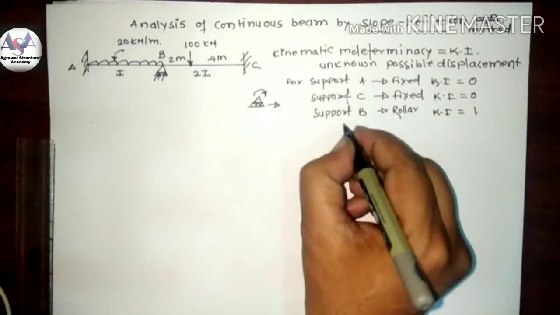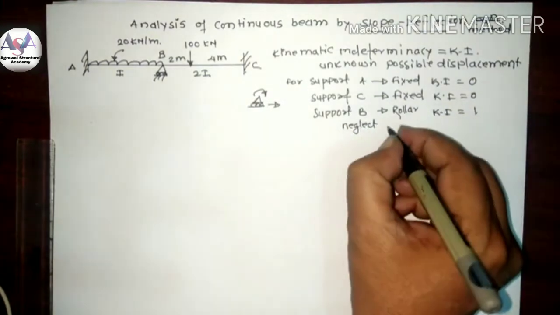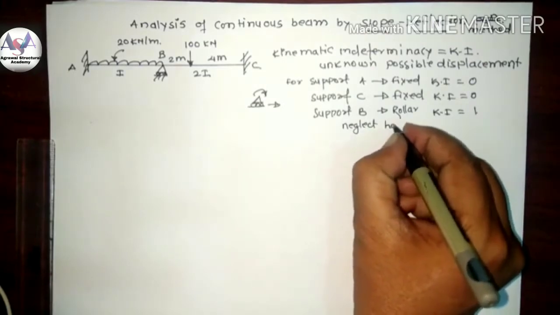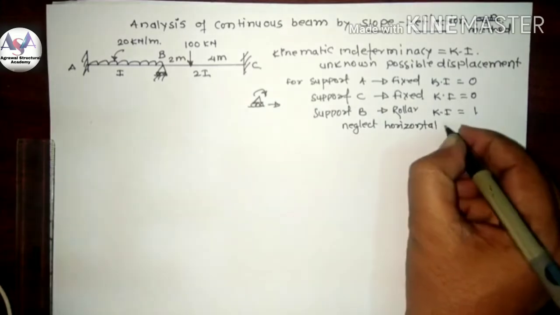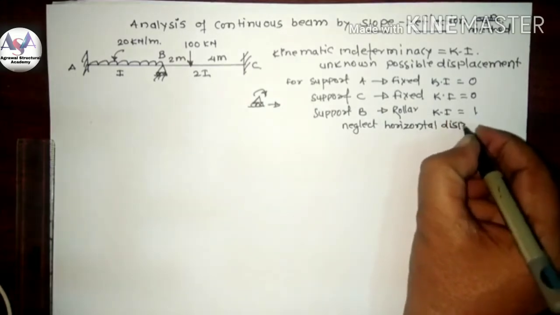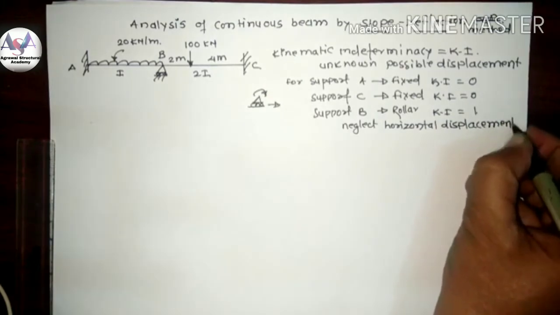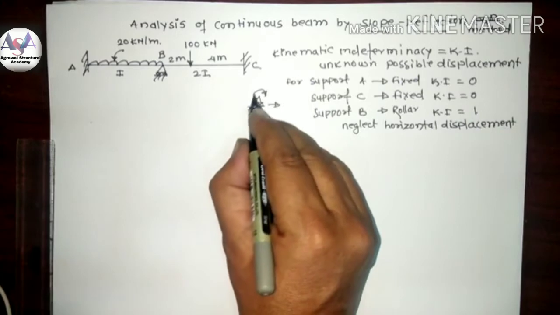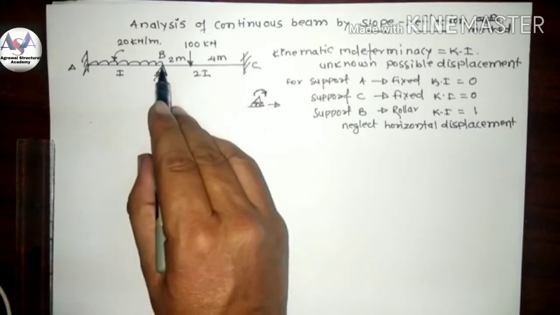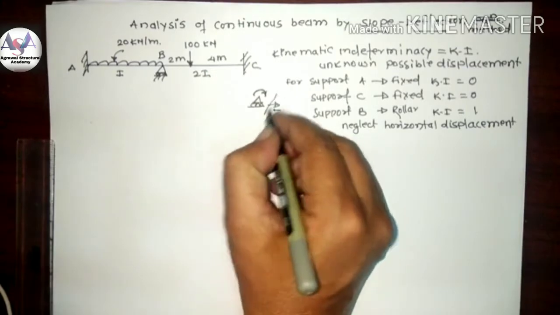We neglect the horizontal displacement, because here there are 2 displacements, one horizontal and the second rotation, but this beam does not have any axial force. That is why this is 0.